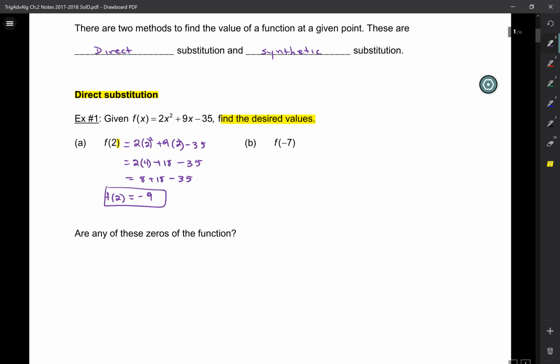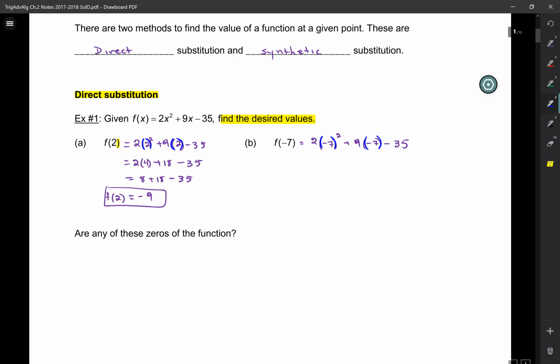All right, so now let's do the same thing for f of negative 7. This is going to be 2 times negative 7 squared plus 9 times negative 7 minus 35. All right, so you see how I instinctively put parentheses around the number that I'm substituting in? I did it for the 2 as well, right? That's an instinct.